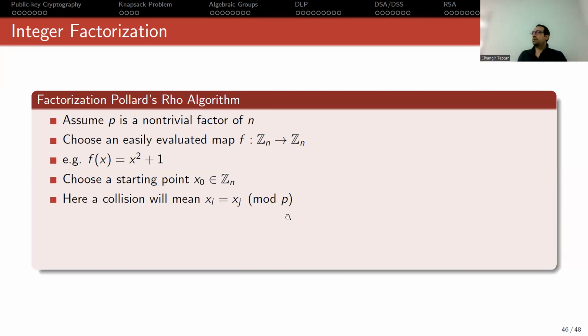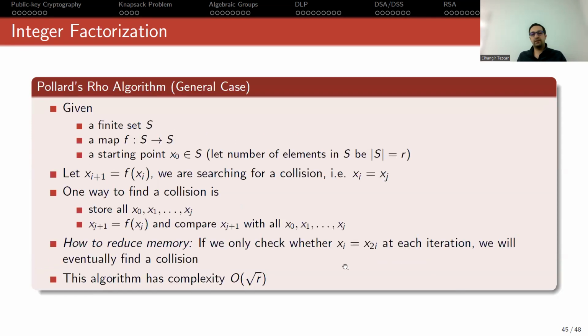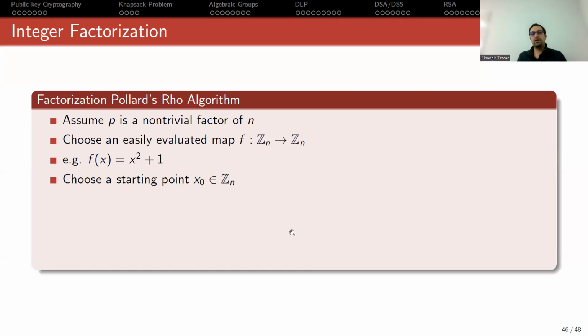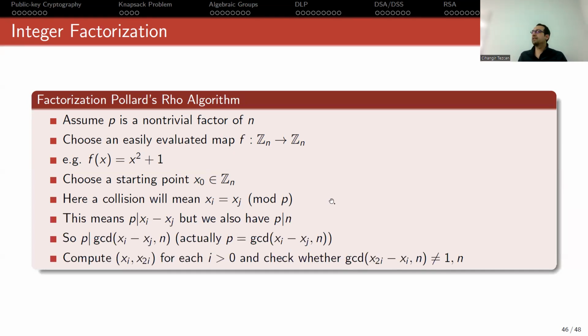But if there is such a collision, this would mean this. So our aim is just to check. You constantly calculate these two values and check the greatest common divisor with n. Since this had a running time of square root of r, and in our case this set has n elements, this algorithm requires square root of n steps.